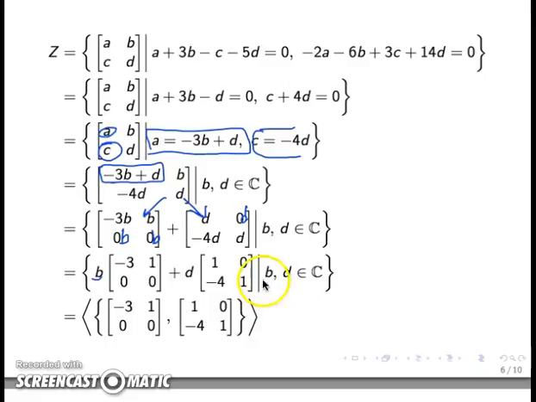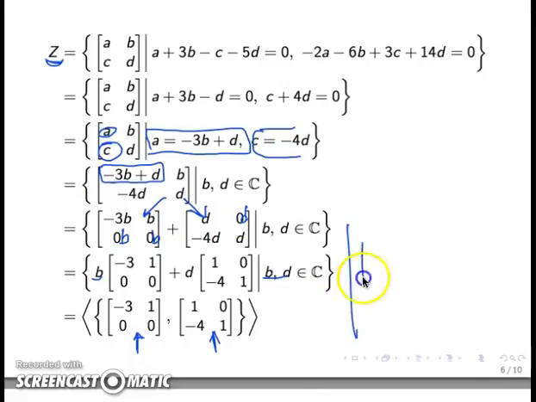And since B and D are free variables, this linear combination denotes that this set Z is the span of the set that contains this matrix and that matrix.